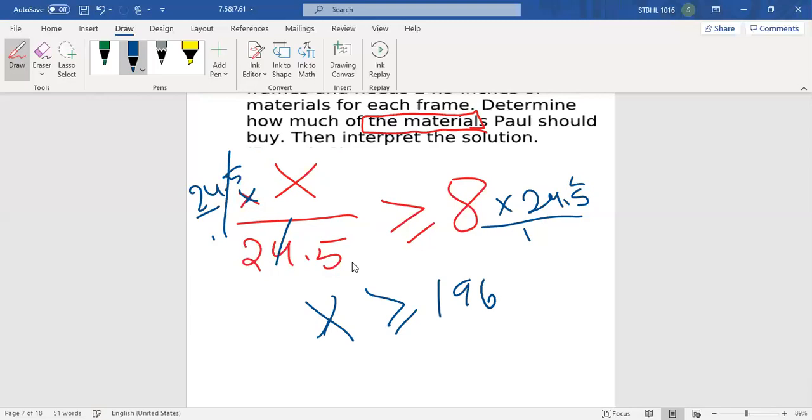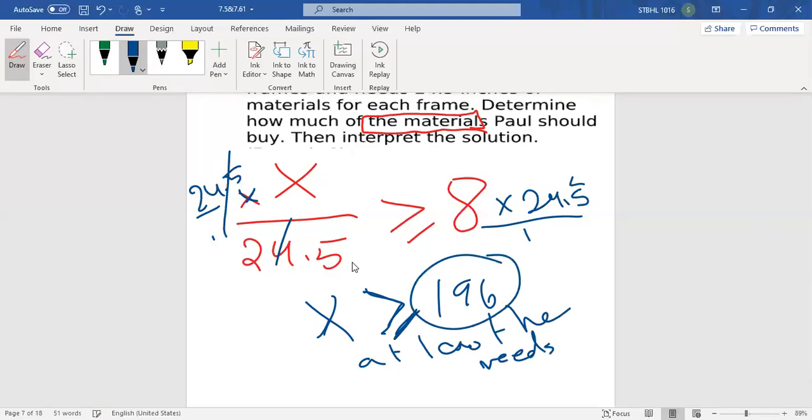Which means what? He needs at least 196 inches of material. This is the variable, and this is the inequality sign: at least.